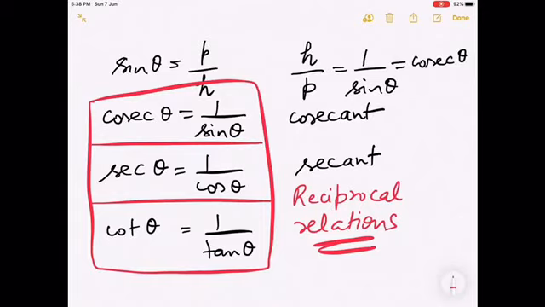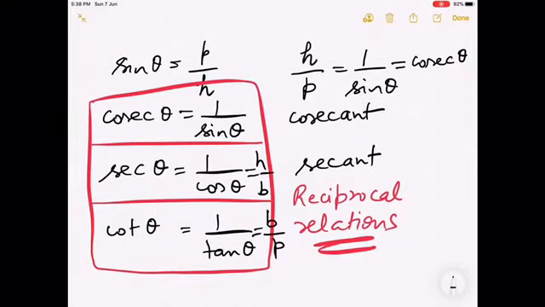And since we know cos is base upon hypotenuse, therefore sec will become hypotenuse upon base, and same way cot will become base upon perpendicular. So these are the formulae for sec theta and cot theta.